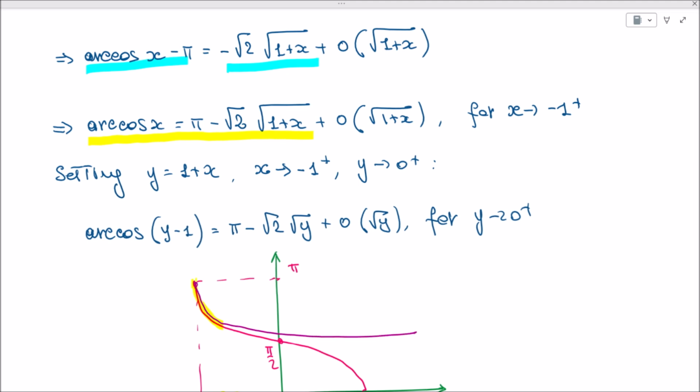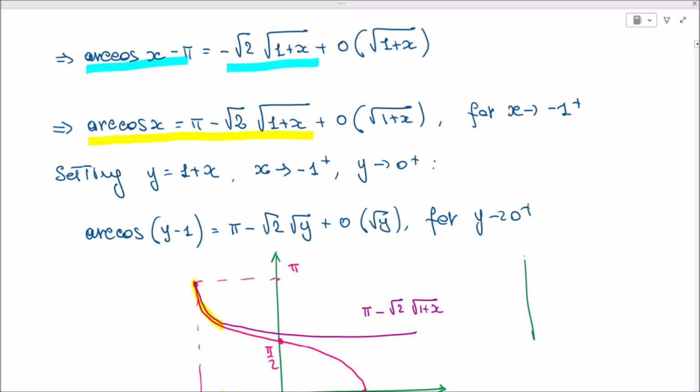Okay, so we can say that this function is pi minus square root of 1 plus x. Okay, so this approximation is valid when we get close to -1 from its right, and this might be useful in some future developments.